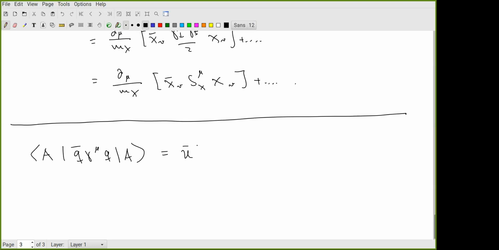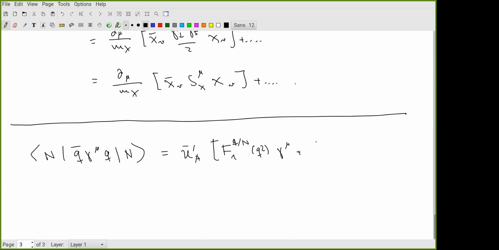So you can write this as an external nucleon spinor, and then a function that depends on the quark flavor and the type of nucleon, N for nucleon for simplicity. It depends only on q squared and comes with the gamma mu.